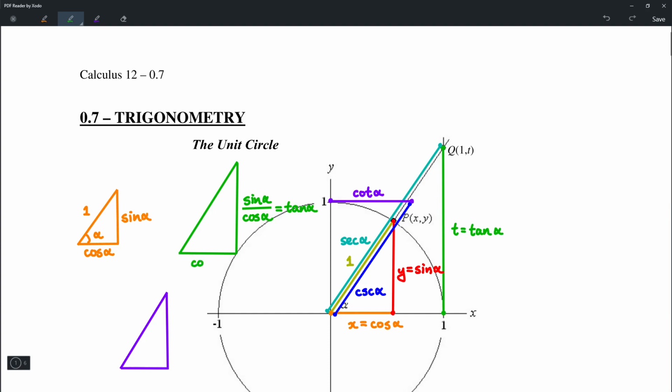Here we have cosine alpha divided by cosine alpha, which is just 1. And finally, on the left-hand side, we have 1 over cosine alpha, which gives us secant alpha, which is also drawn on the diagram on the right.